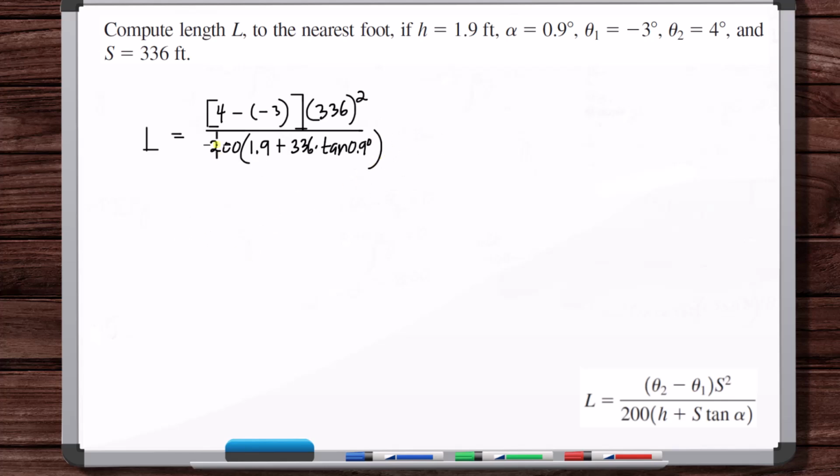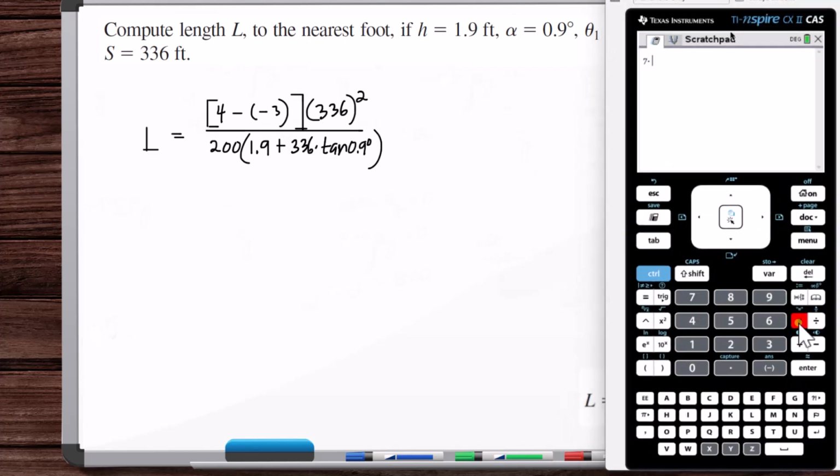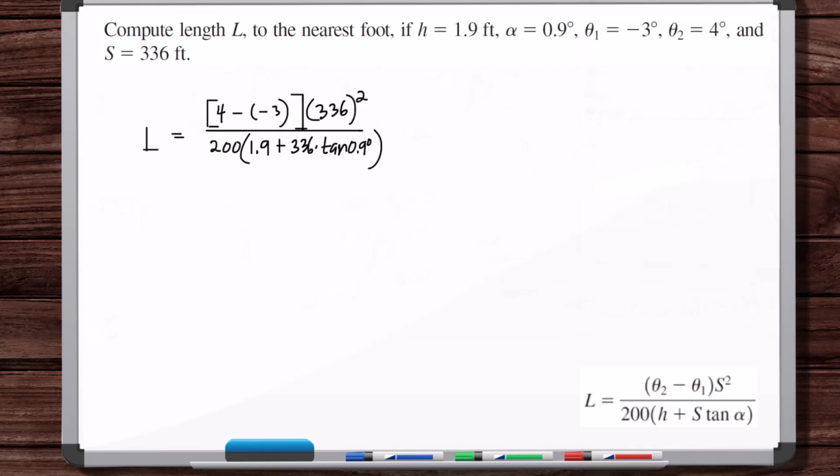Okay, so this is 4 plus 3, that's 7. So 7 times 336 squared is 790,272.